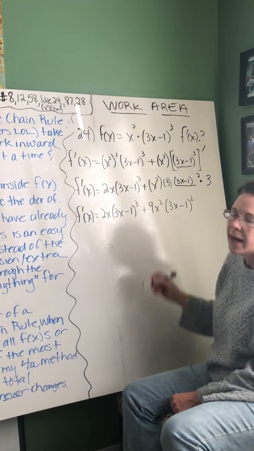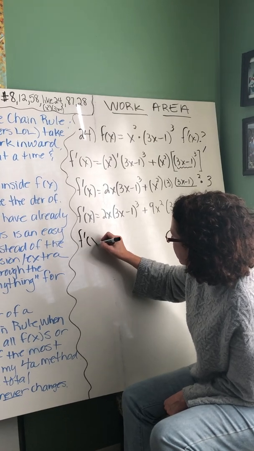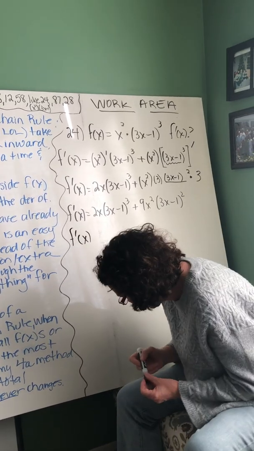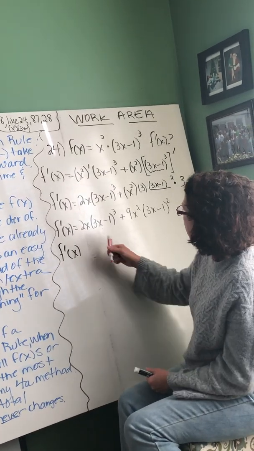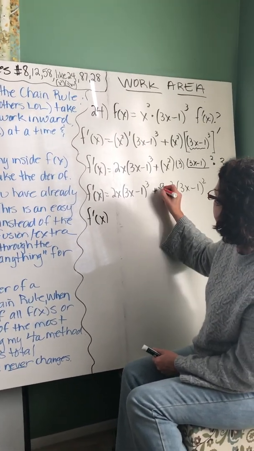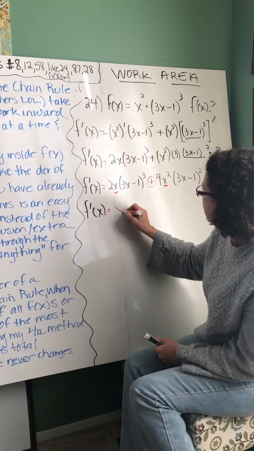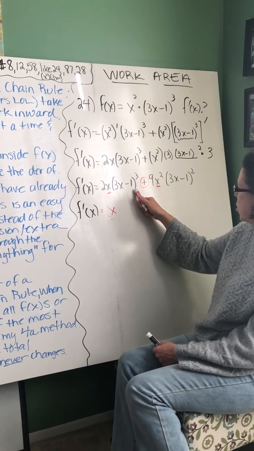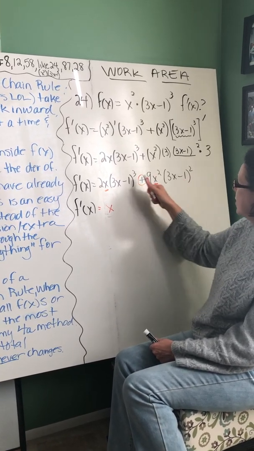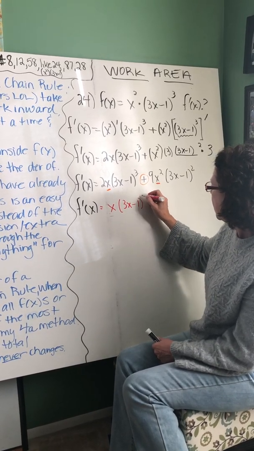This isn't normally how it's going to look in the book or on the AP exam. What they're going to do is pull out greatest common factors, for good reason. Notice for a greatest common factor between these two terms, there is an x in common. Notice there is a base (3x minus 1) squared in each one of these terms, right?